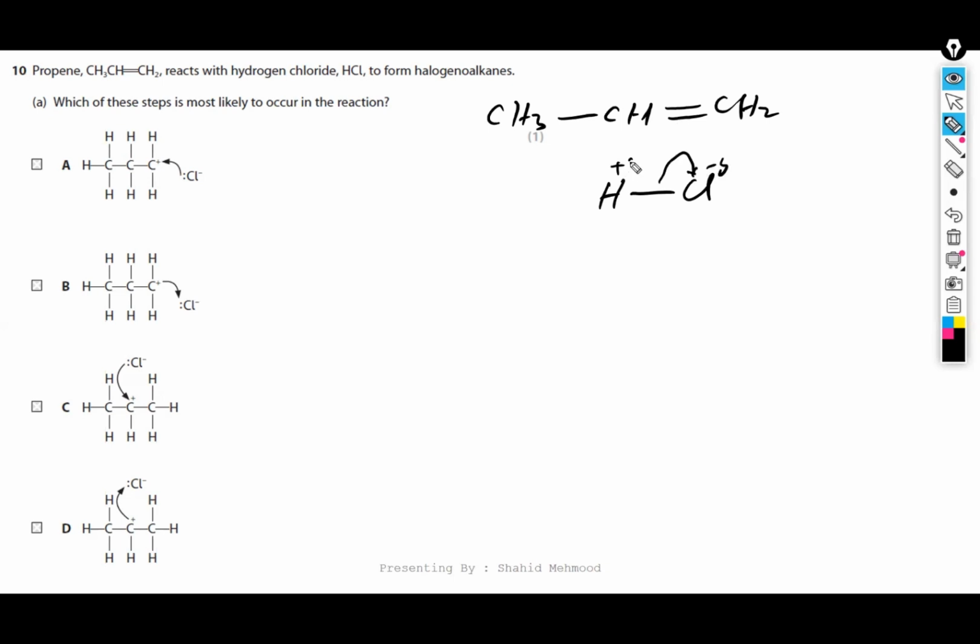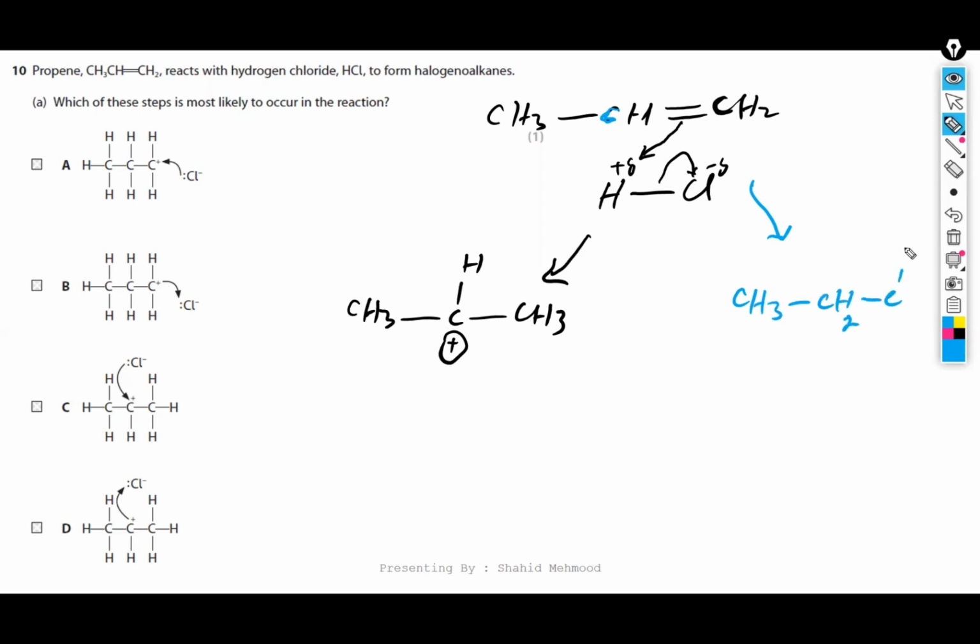Definitely HCl will be polarized as chlorine is more electronegative. The double bond pi electrons will attack the positive end. To write the major product, the hydrogen goes to the carbon which has more hydrogens, so we get CH3CHCH3 and the second carbon gets a positive charge. It is called a secondary carbocation. To write the minor product, the hydrogen will be attached to the other carbon, giving CH3CH2CH2, while the last carbon gets the positive charge.